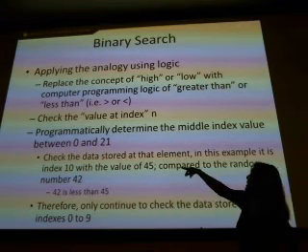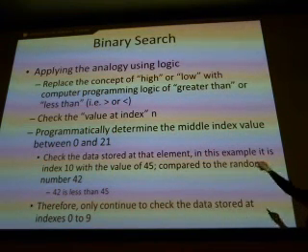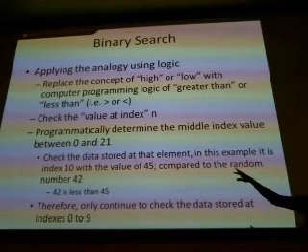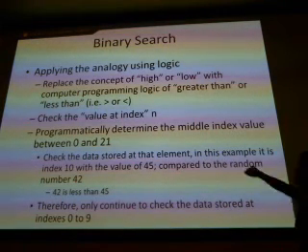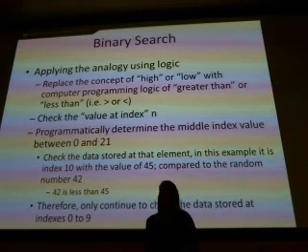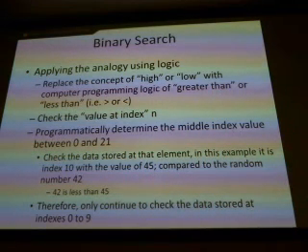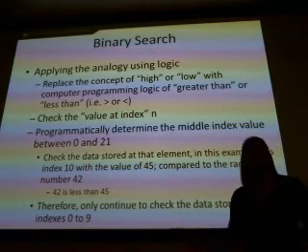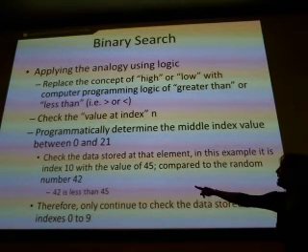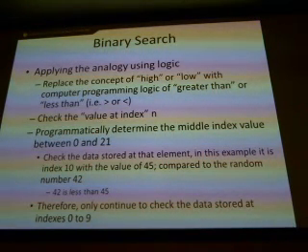And so we are going to check the data stored at that element. In this example, we start at index 10, and we're looking at the value of 45. We compare it to our random number of 42. 42 is going to be less than 45, so we can automatically ignore everything from index 10 to the end, in this case index 21. And therefore, we only continue to check from 0 to 9.